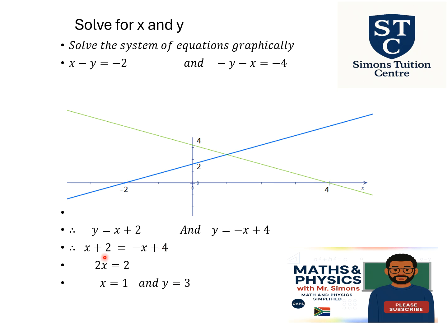I have positive 4, if I bring 2 over, 4 minus 2 gives me 2. So if I divide 2 by 2 that would then give me 1. So x equal 1, as you can see there. If I substitute this back in the first equation, 1 plus 2 gives me 3, which is in between 4 and 2, so y equal to 3. Right, so that's solving simultaneous equations graphically.